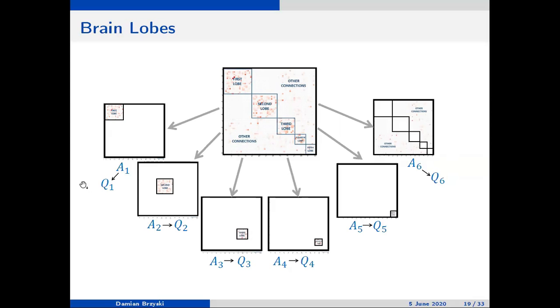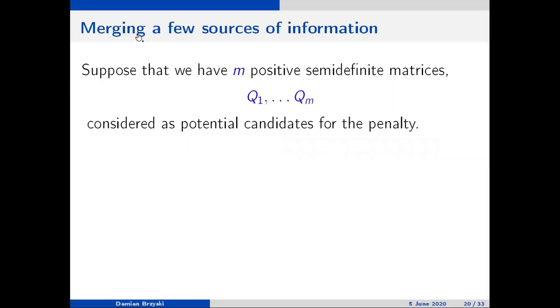And you can define actually 6 Laplacian matrices based on them. So this builds the problem: suppose that you have m positive semi-definite matrices Q sub i, where i is from 1 to m, and these are considered as potential candidates for the penalty.